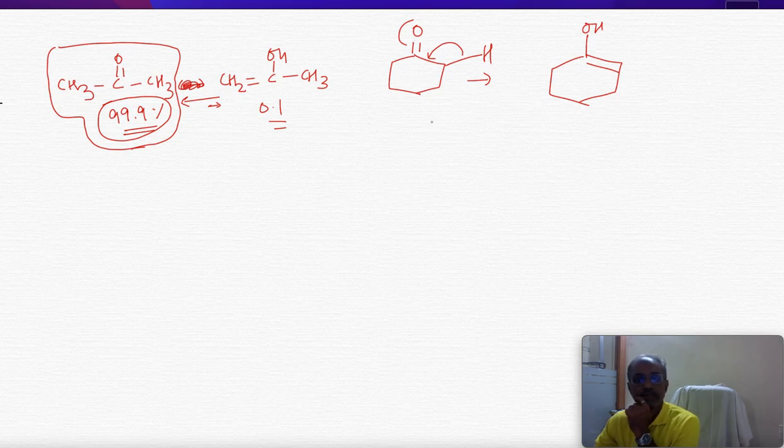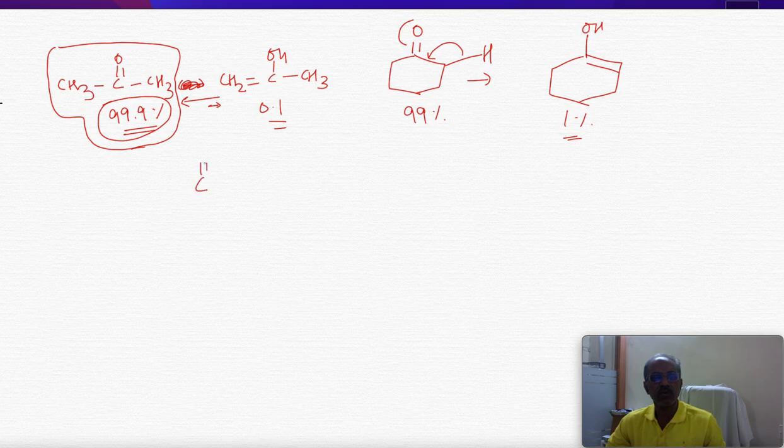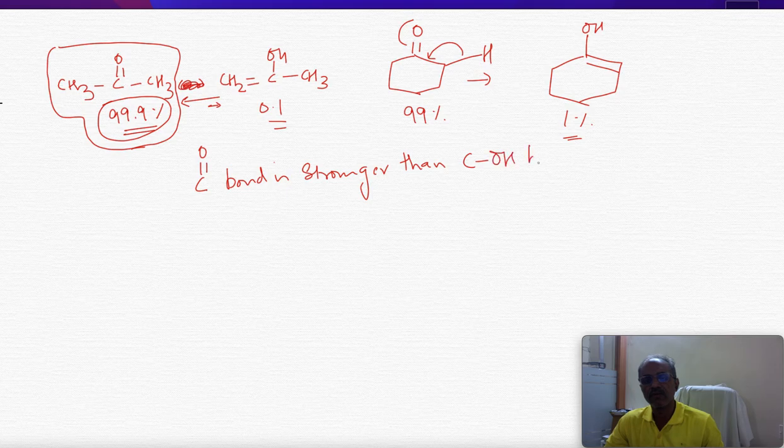Now, this is approximately 99%, and this is approximately 1%. But why? Because the C double bond O bond is much stronger than the COH bond, right? So C double bond O, thus the keto form predominates.